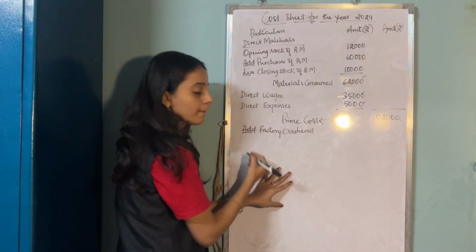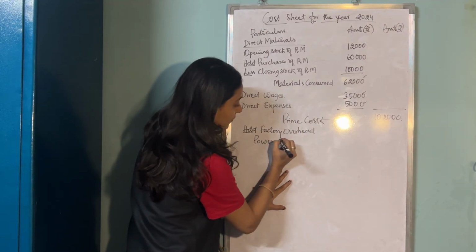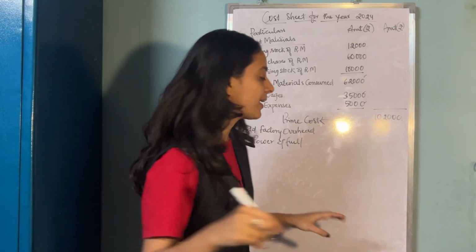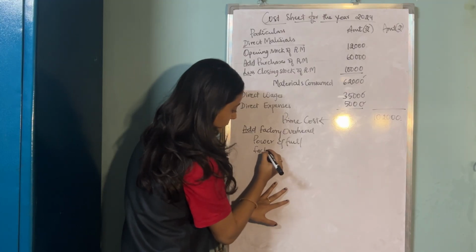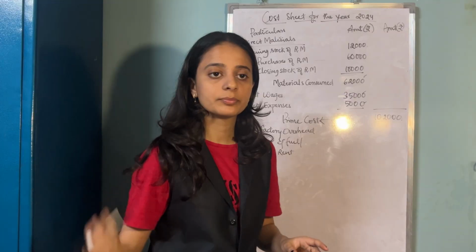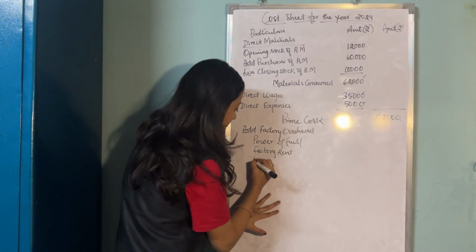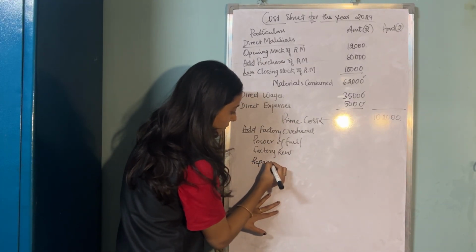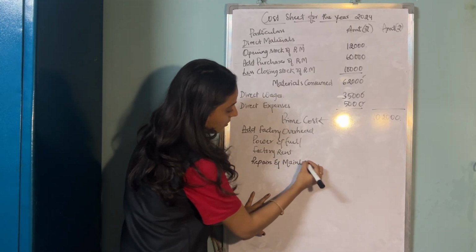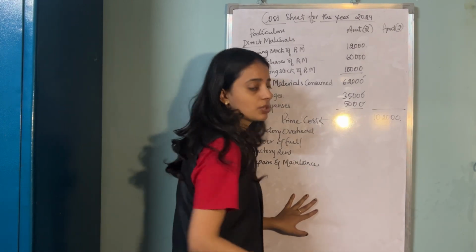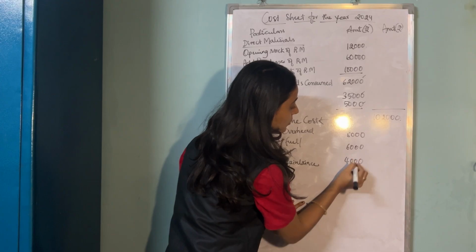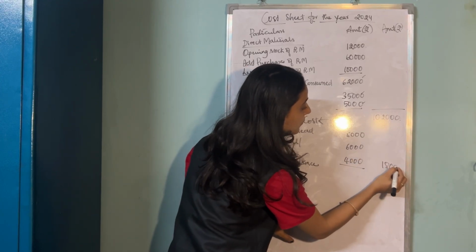That is nothing but power and fuel, factory rent, and repairs and maintenance of factory. Okay, so what are the amounts? 8,000, 6,000, 4,000. Totals to 18,000.